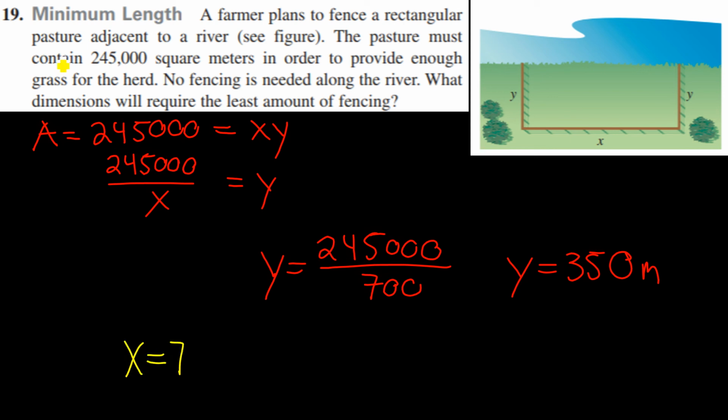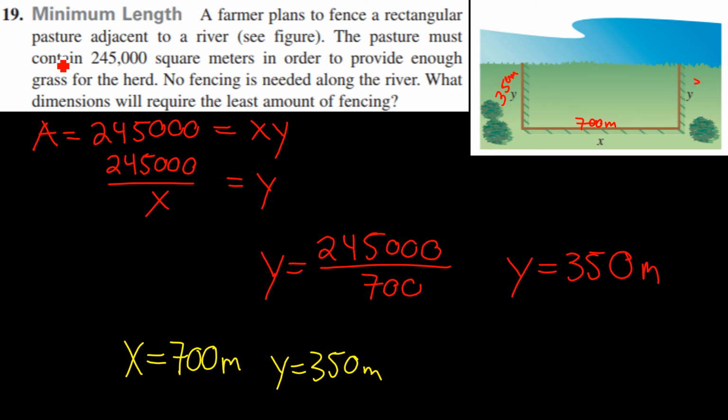And so when we look up here, we see that y is 350, right? And we see that x is 700, and again, y is 350 meters. Now, this is an odd rectangle. You're like, wow, why did it work this way?